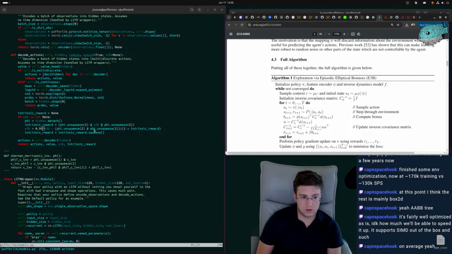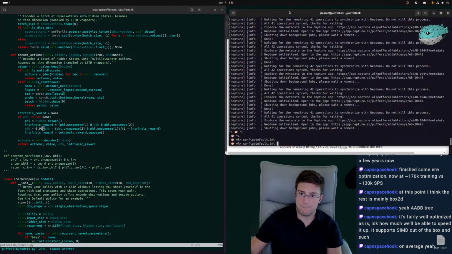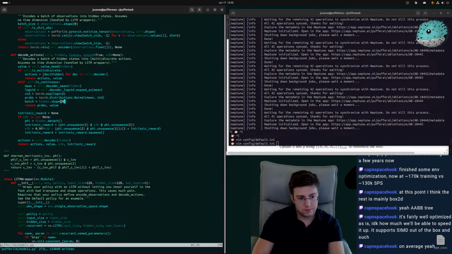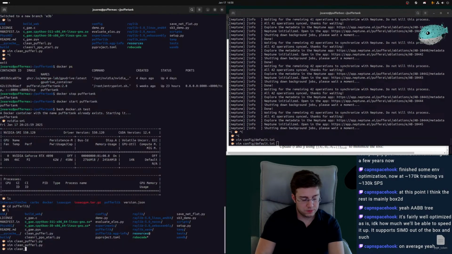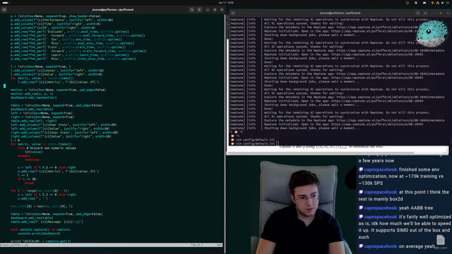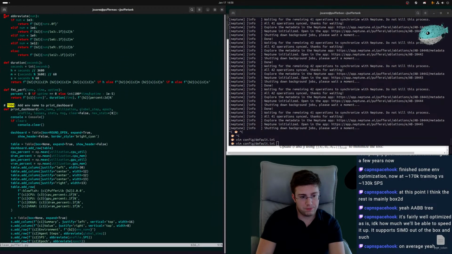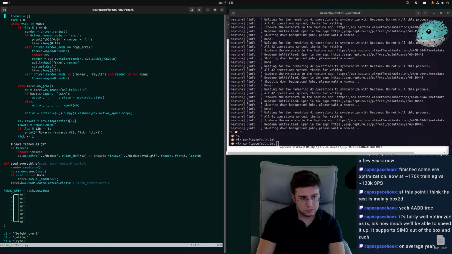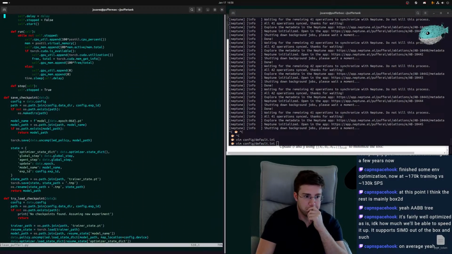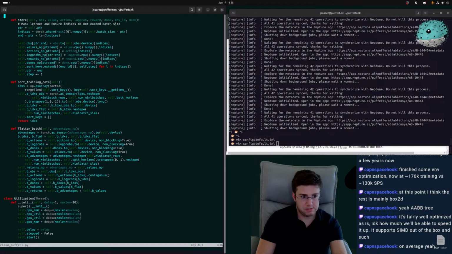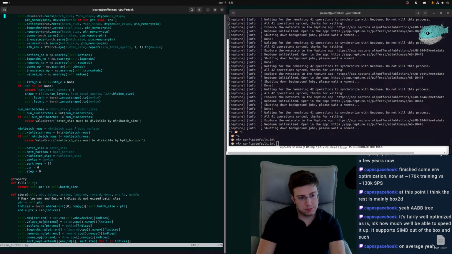And how can the value loss possibly be that big when the intrinsic reward should be clipped? Let's go look at that. It could just be hypers, to be fair. Could just be hypers.